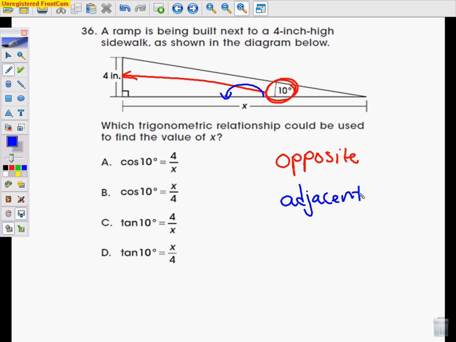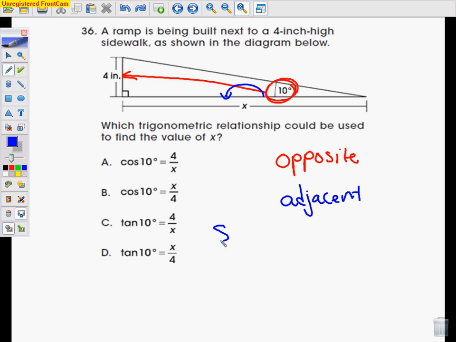Now, you might say, well, this side right here is touching the given angle too. And you're right, but that one's already labeled the hypotenuse because it's across from the right angle. So it couldn't be that one. The adjacent is the one that's touching the angle, but is not the hypotenuse.